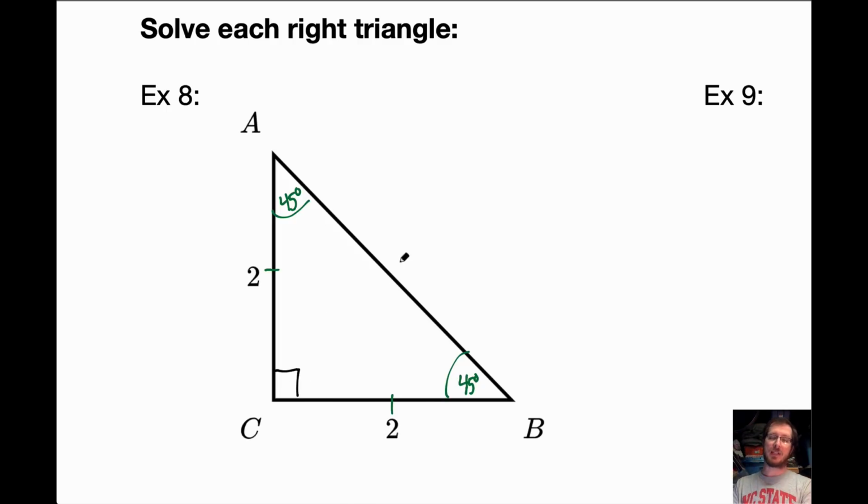We need to find this missing side, which is the hypotenuse. The hypotenuse is always x times root 2, or s in this case, since we have a 45-45-90, and our s is the length of each of these sides. So our hypotenuse has a length of 2 times root 2.